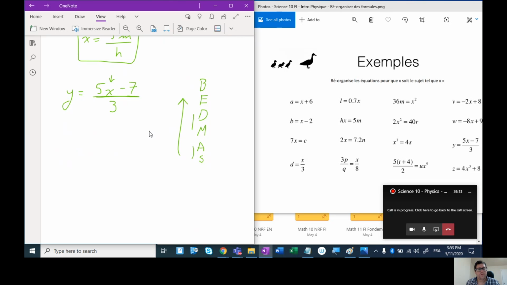We have to multiply by 3. What is that going to do? And you'll see why this is the best thing you can do. So y times 3 is 3y. And on this side, 5x minus 7 divided by 3 times 3.